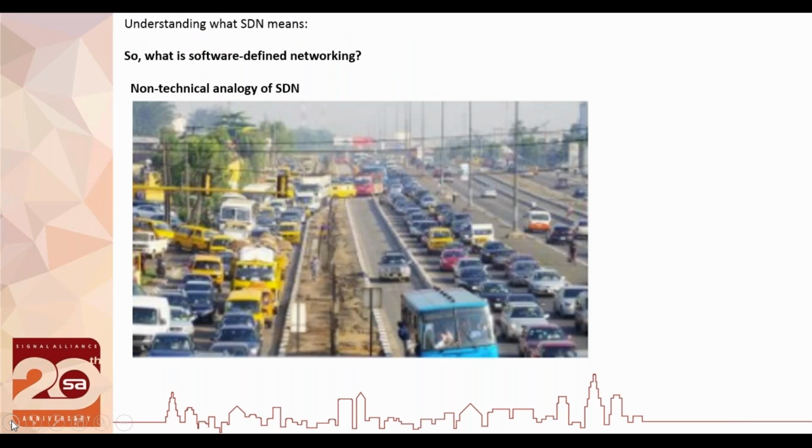Permit me to use analogies to explain really technical concepts. I think with analogy, we will paint a very vivid picture in our minds so that understanding can be achieved. So this is a non-technical analogy of SDN. Imagine you're on a busy road.